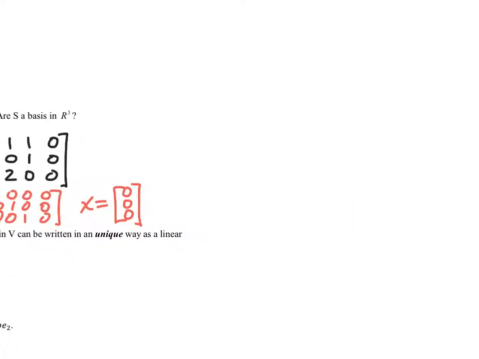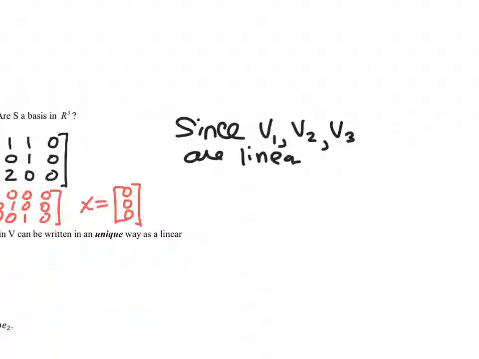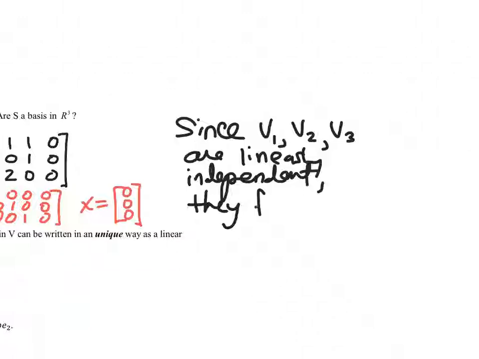So since V1, 2, and 3 are linearly independent, they form a basis for real space dimension 3.